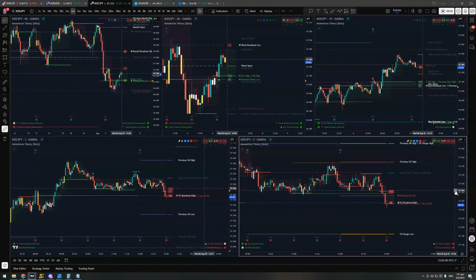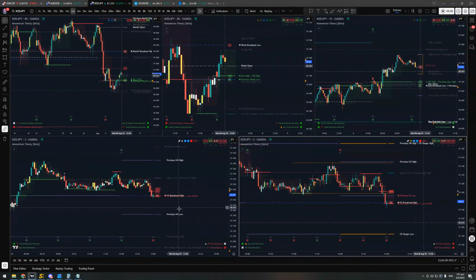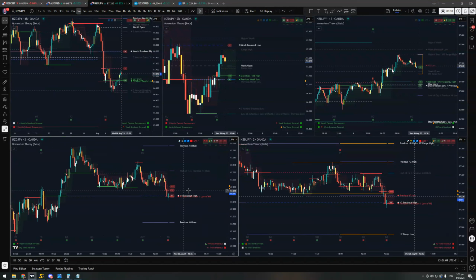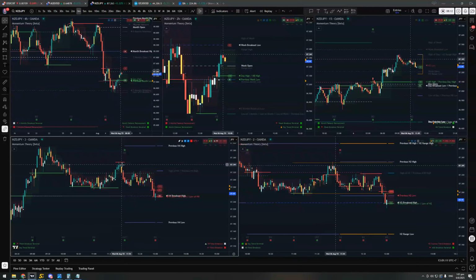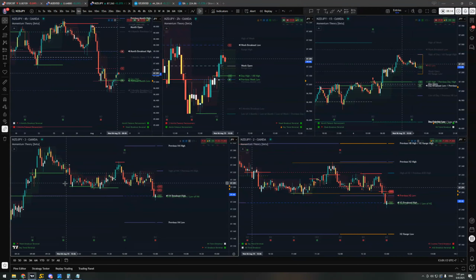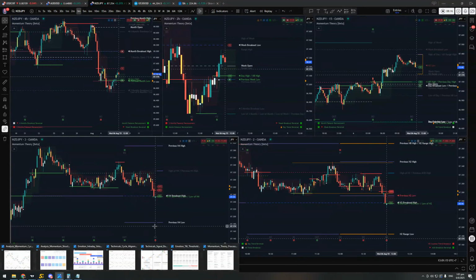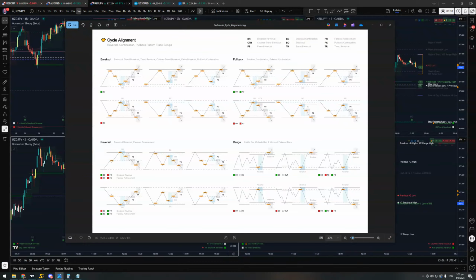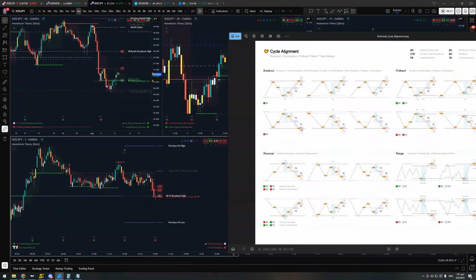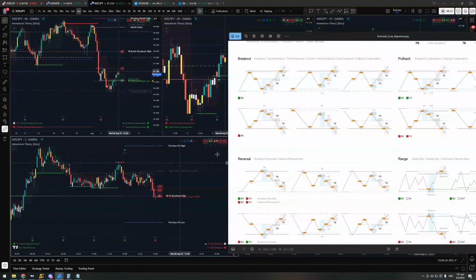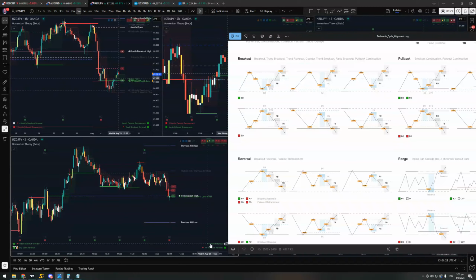Here's another level. Looking for those reversal patterns. So we have a breakout on the H4, and we've triggered that momentum time frame, so I'm looking for a cycle alignment pattern here. H4 is in a false breakout move. Well, below here it's a false breakout, but if we're above, we're breaking out, a trend breakout here.